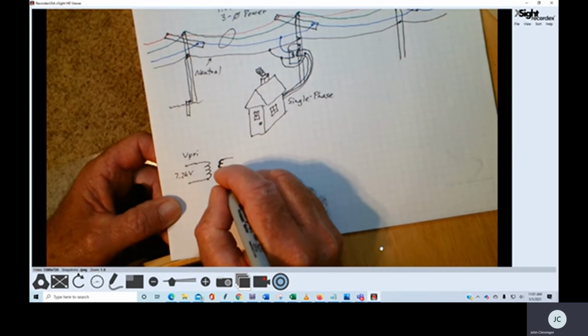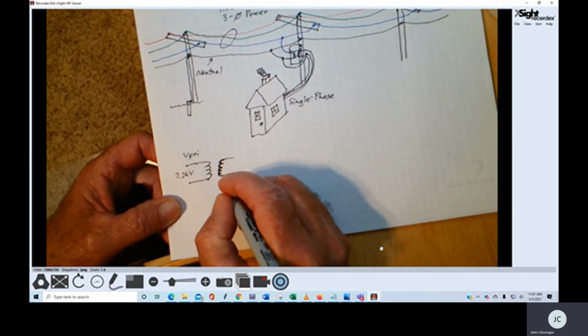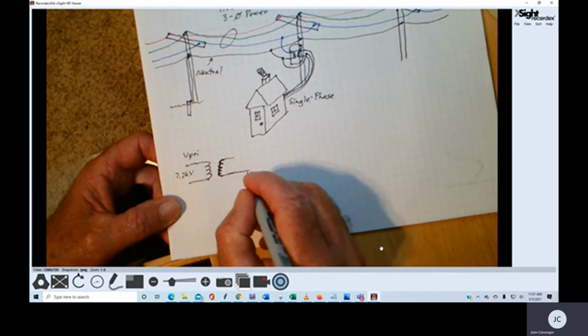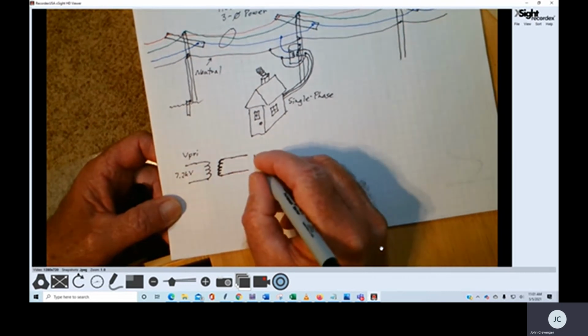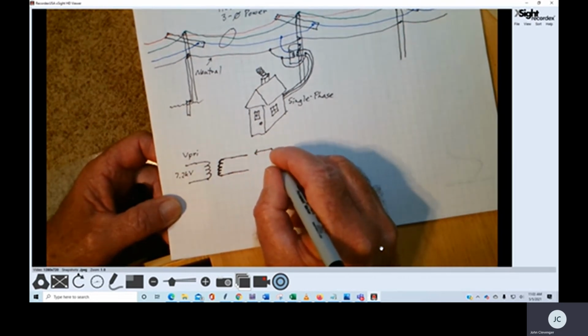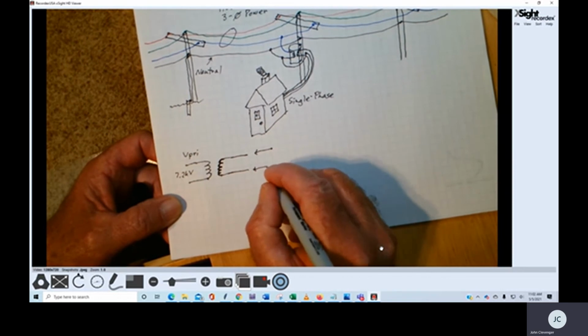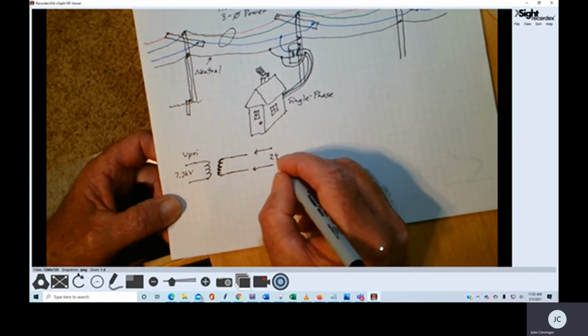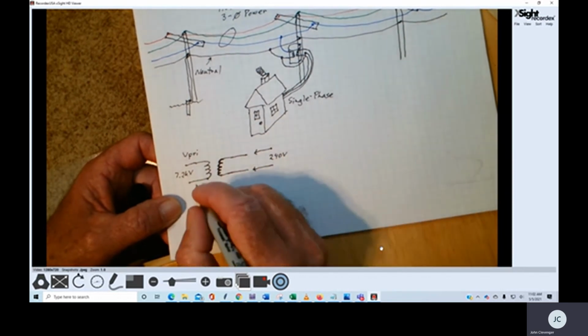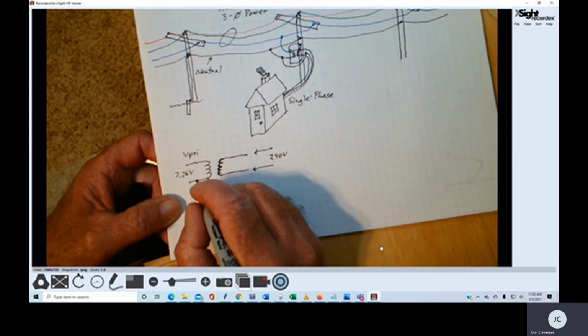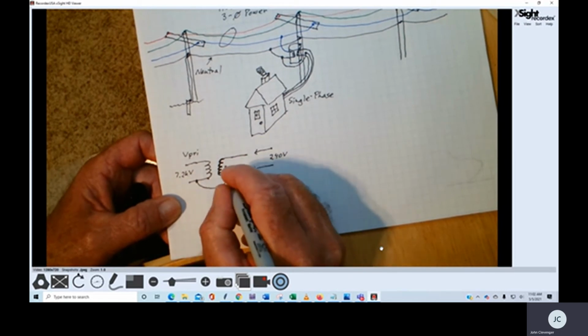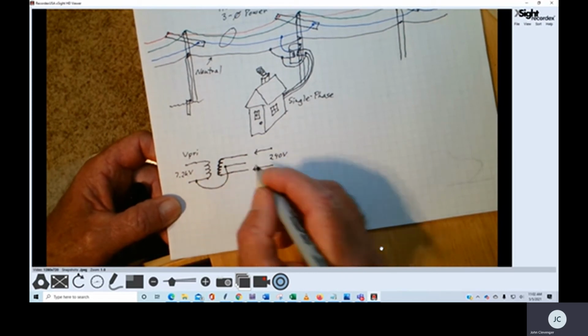It should only be 1, 2, 3, 4 humps for a transformer. Our secondary is going to provide us from this point to this point 240 volts.